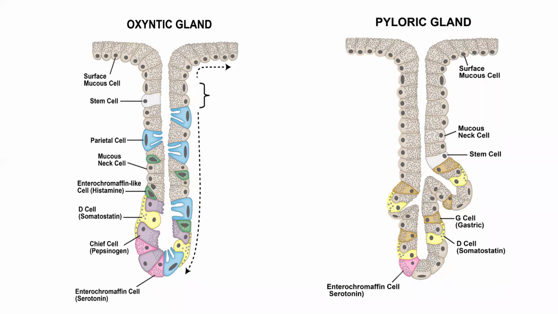HCl, correct. So basically, the parietal cells are the cells responsible for the release of the acid, and they will also release a very important molecule called intrinsic factor. Does anyone know what intrinsic factor is? It's for the absorption of vitamin B12 in the intestines.